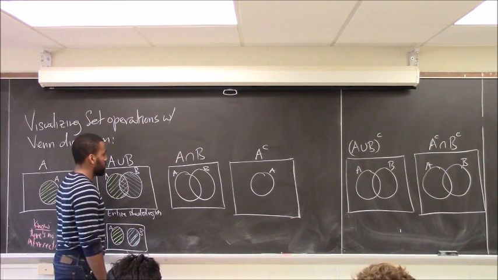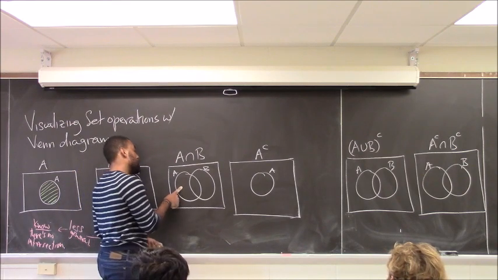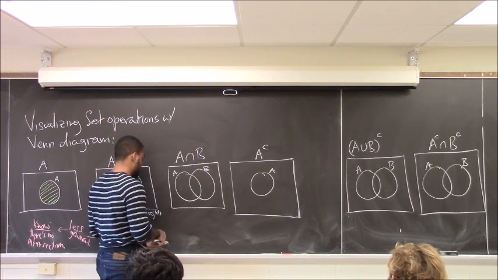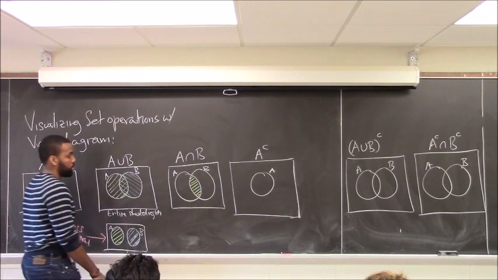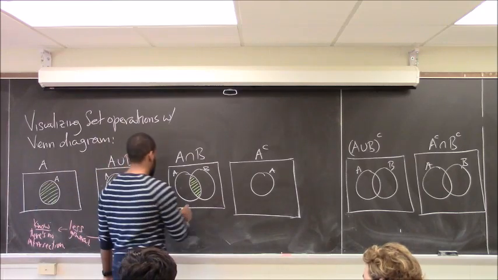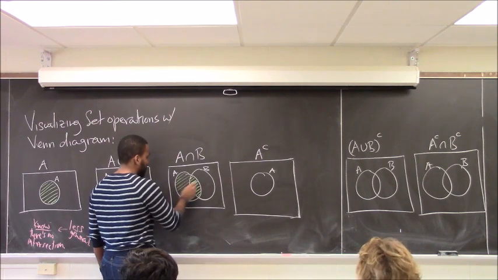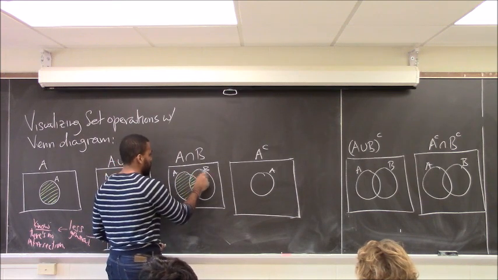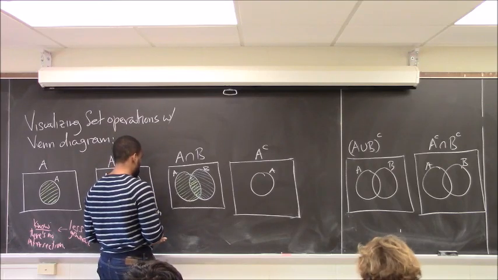The intersection. Who's in A and B at the same time? Well, it can't be here because that's not in B. It can't be here because that's not in A. It can't be here because it's not in either. There has to be this region in the actual overlap. One way you can do that is to shade all of A, that's this guy, then shade all of B, that's that guy, and then you look for the overlap.